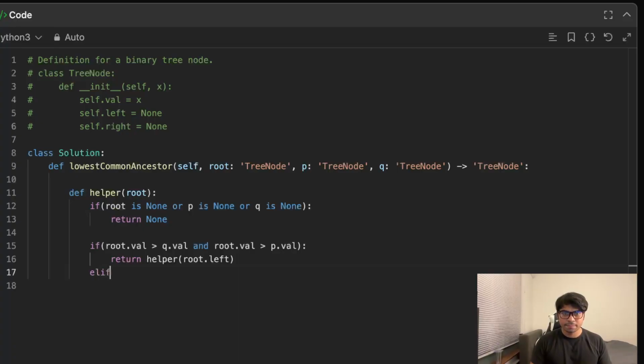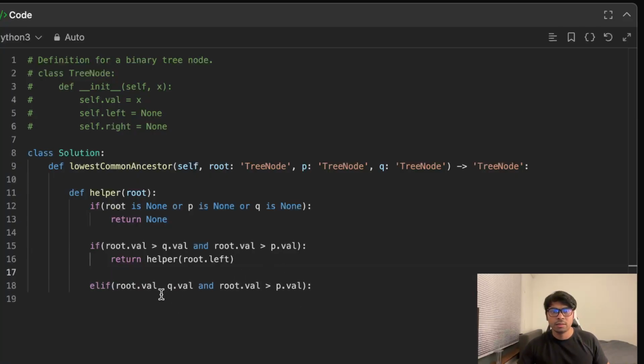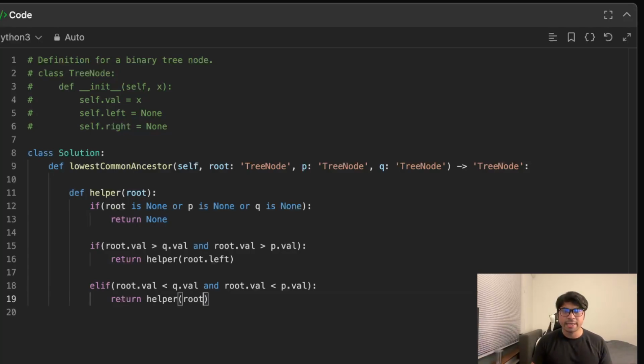Elif, if my root is lesser than both values, that means we have to go to the right subtree. So this is where you have to make the choice of pruning left or right, and you are doing that by checking if your root is either greater than p and q both or lesser than p and q both.